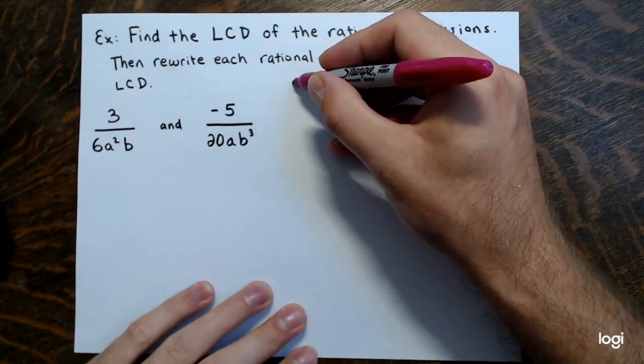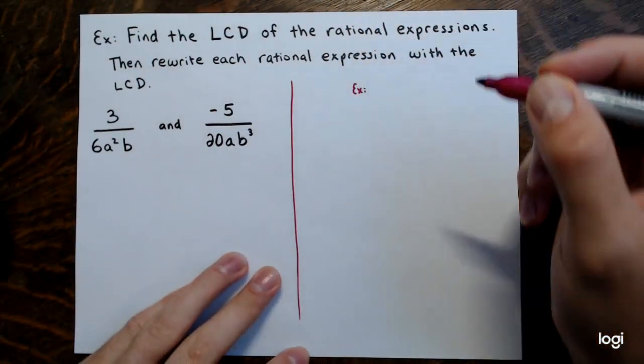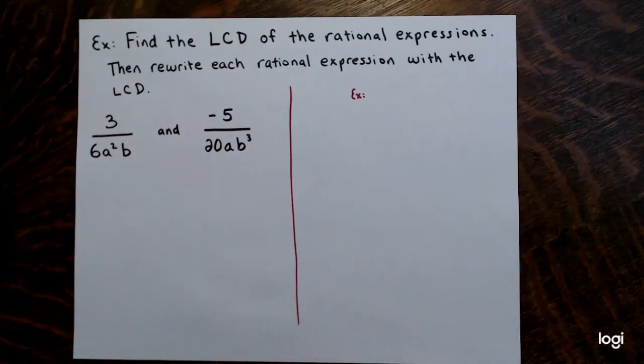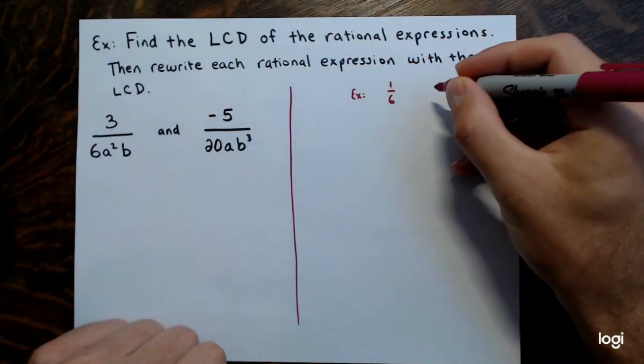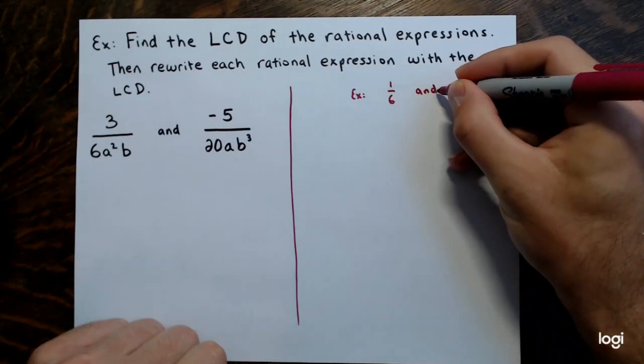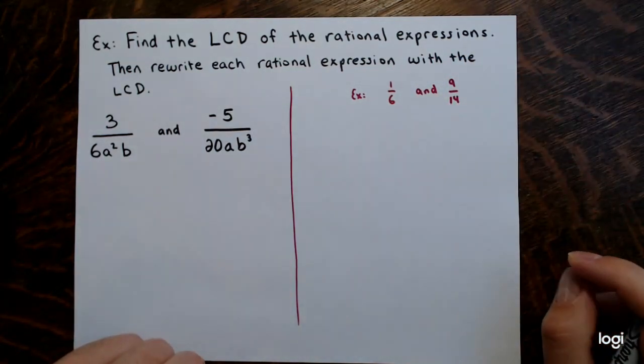Before I get on with that, let me do an example off to the side where I work with just a couple of numbers, let's say 1/6 and 9/14.